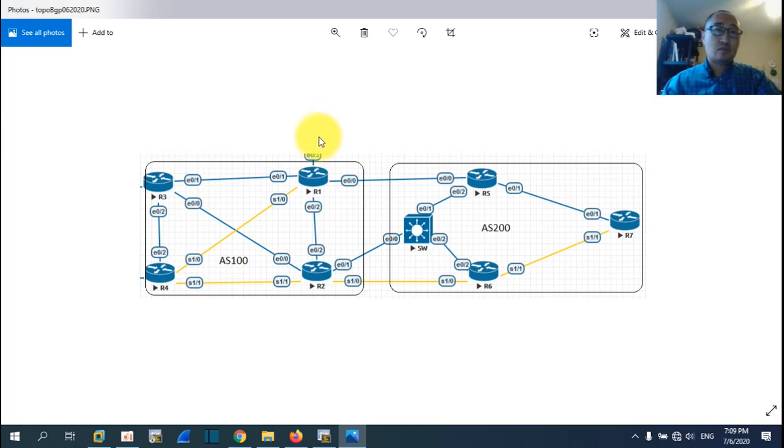You can do something over here on the edge border router. You can create a route, let's say 3.3.3.3/32 to null 0. What's that for?